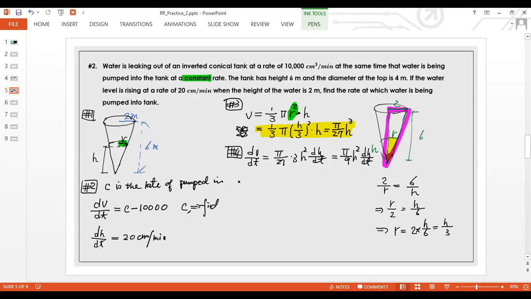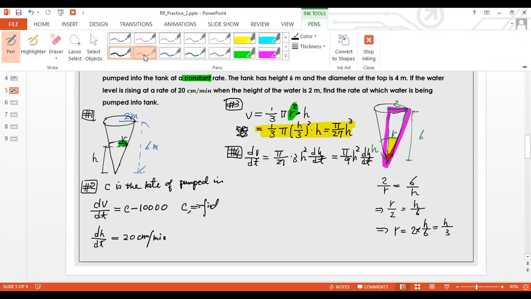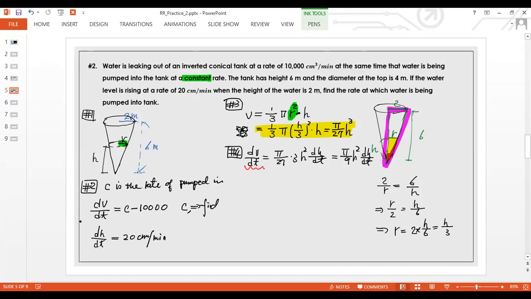Now I have all the values here. That's pretty cool, right? The dV/dt we were just given, so this is C minus 10,000.